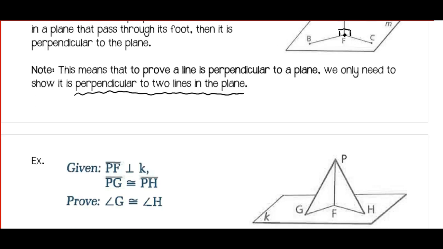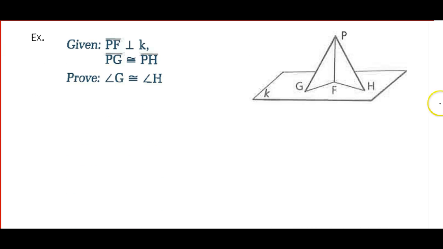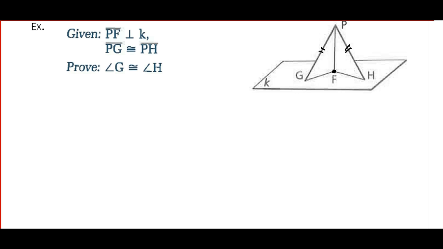So let's take a quick look at an example here. We're given that segment PF is perpendicular to the plane, so we know that it's going to be perpendicular to all the lines in the plane that pass through its foot, and the foot here is F. And we know that PG is congruent to PH, and we want to prove angle G is congruent to angle H. So really, it's very similar to what we've been working on for quite a while now.